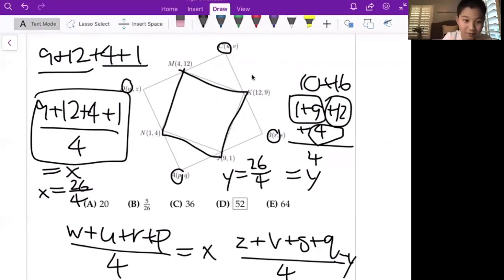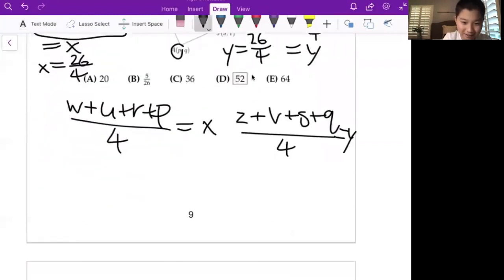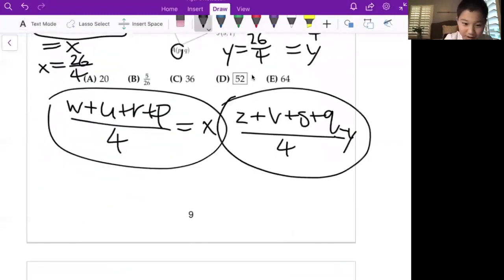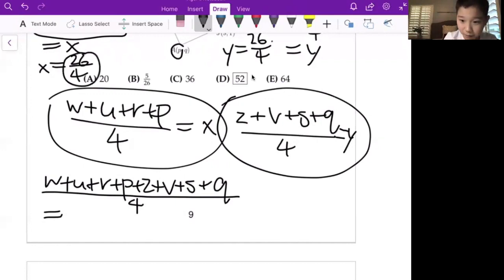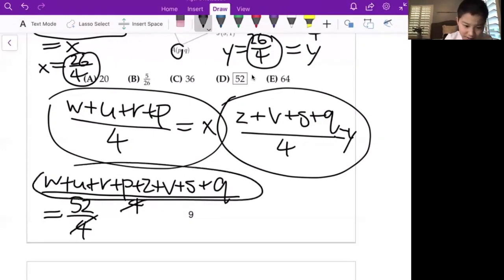So what happens if you add these two equations? You get w plus u plus r plus p plus z plus v plus s plus q, divided by 4, equals x plus y. But what is x plus y? 26 over 4 plus 26 over 4, 52 over 4. So cancel these 4's in the denominator, and then we get this equals 52.